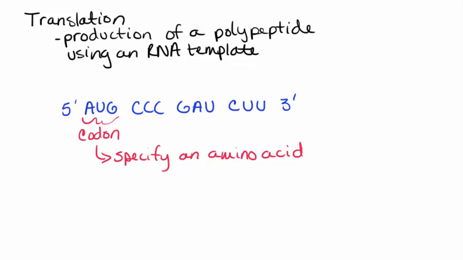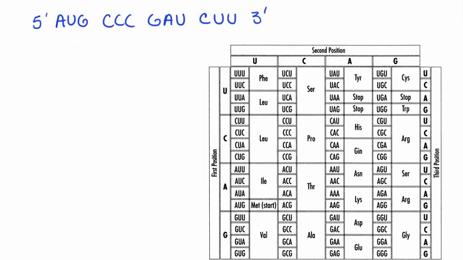So if we look at how we're going to use this genetic code table, let's take a look at the table now and use this RNA sequence. So here we have the genetic code table, and this table is going to tell us what every single one of those codons means inside of the RNA molecule. So this is my RNA molecule, and if we look up the very first codon that we have here, AUG codes for methionine.